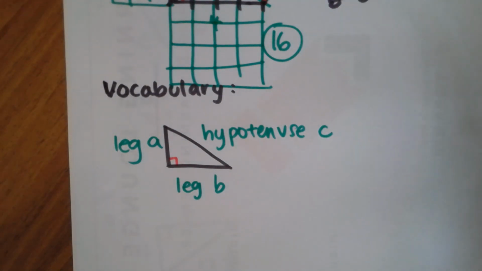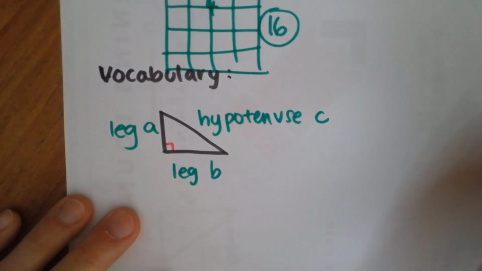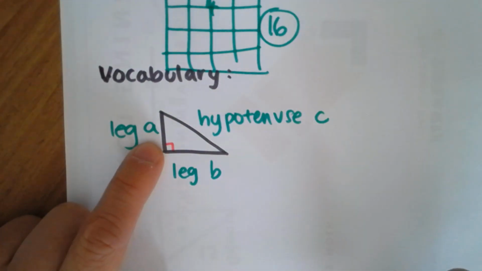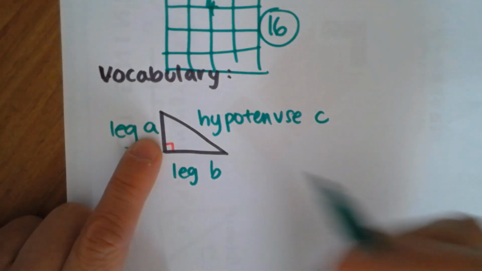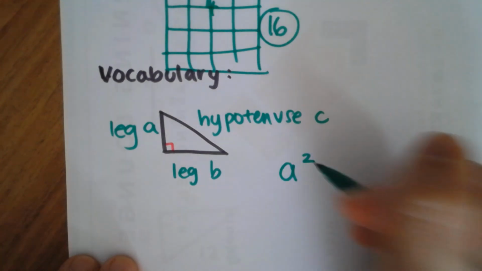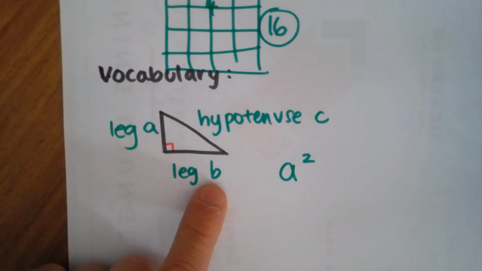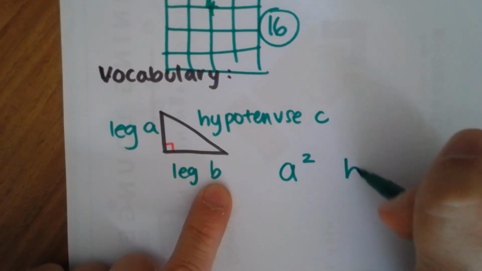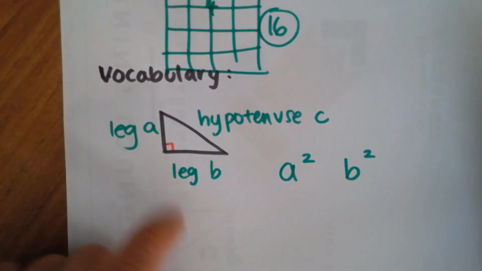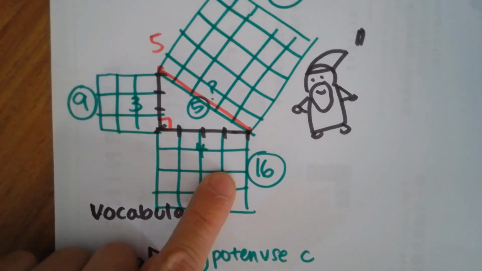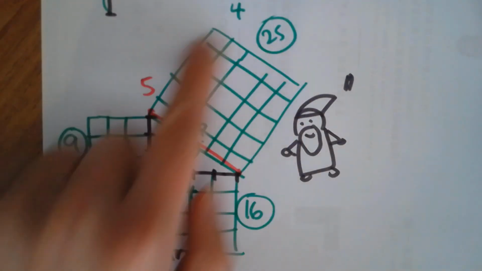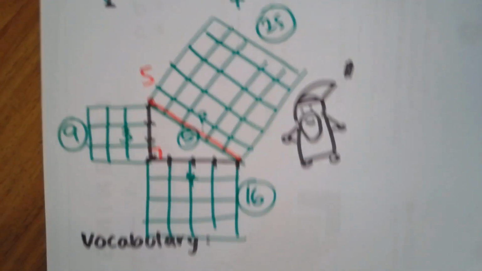A lot of times you'll see in textbooks, this is called letter C, the variable letter C. So this is the Pythagorean theorem. Here we go. You're going to get this leg A and square it. Over here, you have this B, and you're going to square that. So that's B squared. If you add this square with this square, just like what we did here, 9 plus 16, that gives you this entire 25.